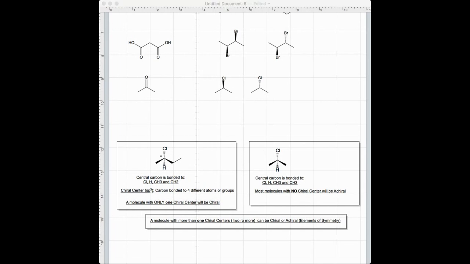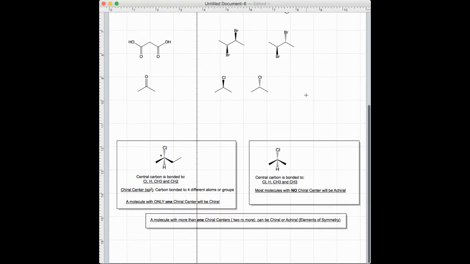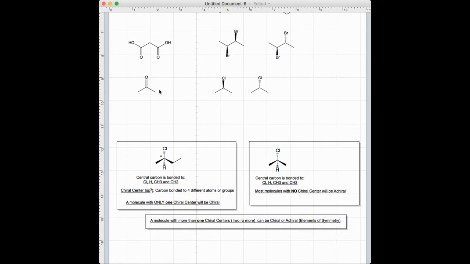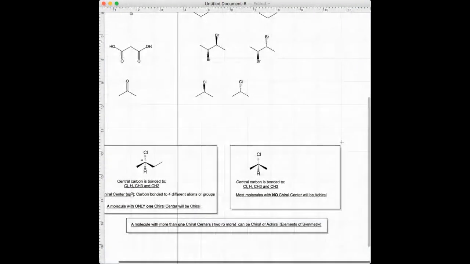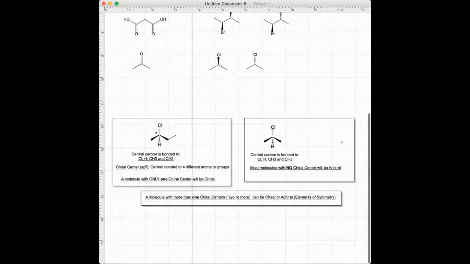So I'm going to open a new document here. Let's see if you can see it. Okay, no. Okay, let me see. Okay, so here, let me give you some examples now.